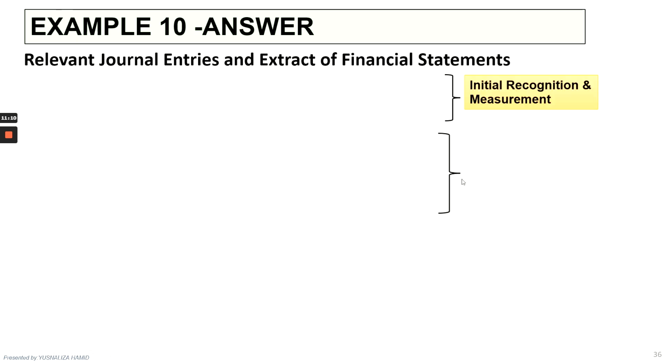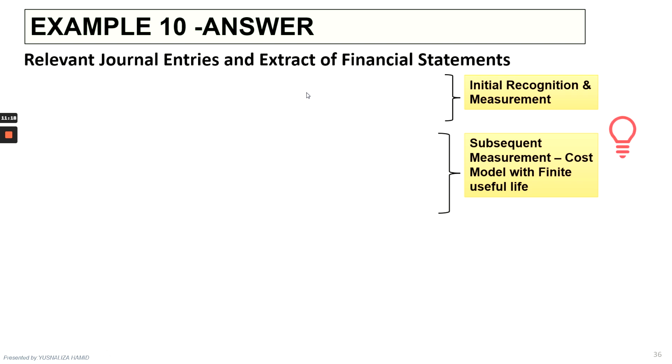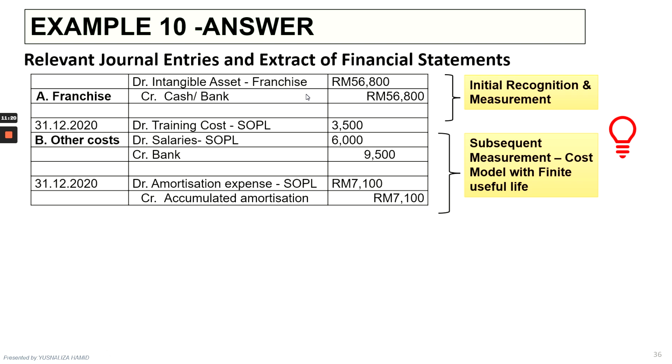This is the journal entry for initial recognition, and then for subsequent measurement. For initial recognition, you need to recognize the acquisition of the franchise. So an intangible asset will be debited, and that is the franchise. You can credit cash, bank, or you can credit payable if that was acquired on credit basis.